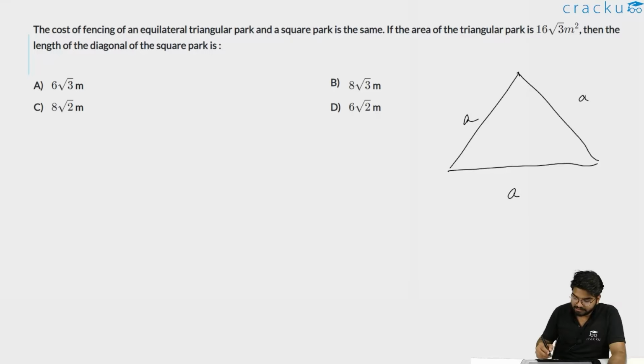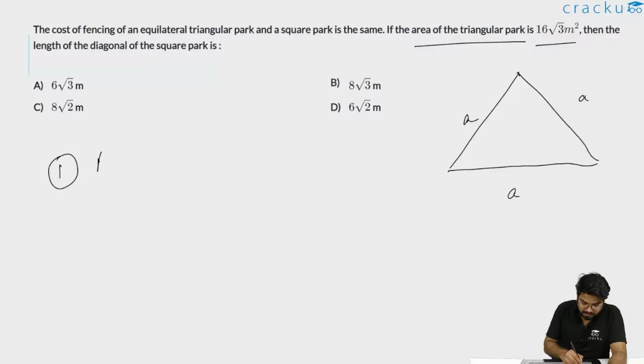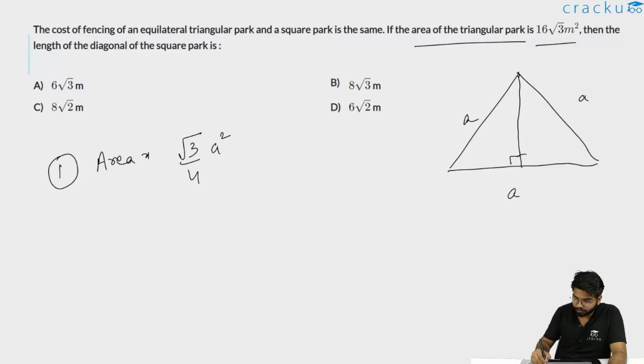We are given that the area of the triangular park is 16 root 3 centimeter square. Now the area of an equilateral triangle is root 3 by 4 a square. You can memorize this. Otherwise, if you want to find how it comes, let's assume this is the equilateral triangle, and if I drop a perpendicular, this will be the midpoint.